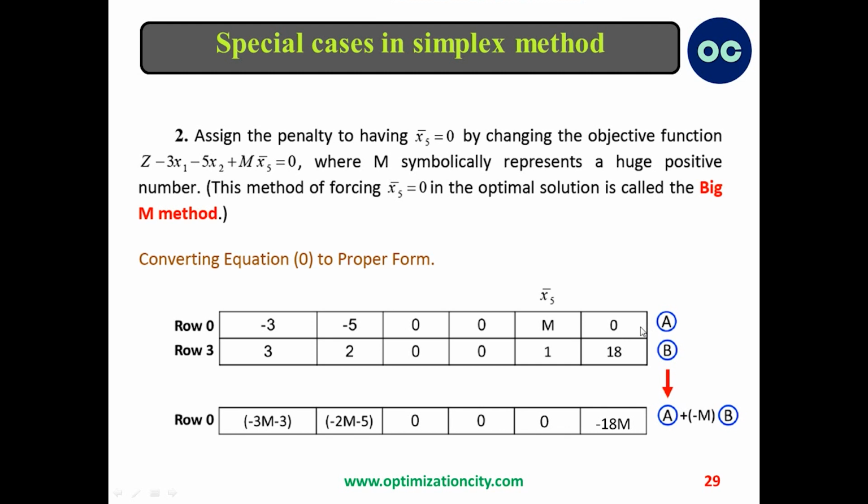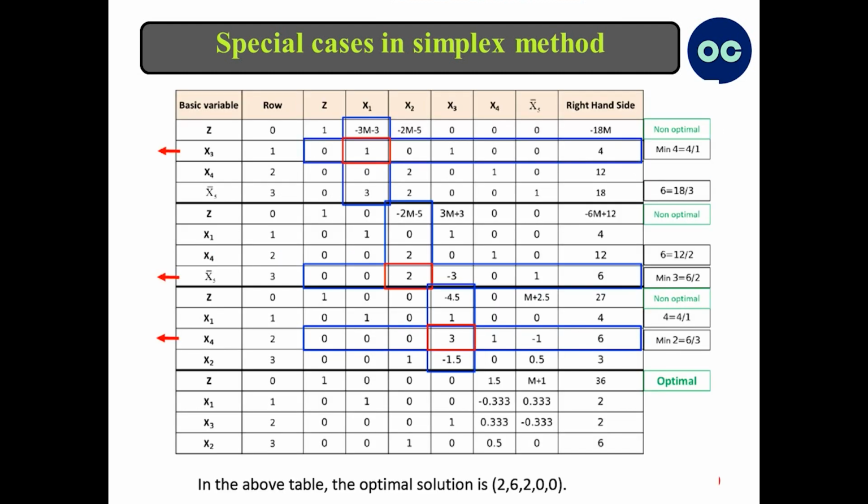By doing this, you have the new row 0. So x5 bar has 0 in this row, which is the row of the objective function. By doing this, you can find the optimal solution for the original model by using the simplex method on the modified problem, starting with this initial basic solution.